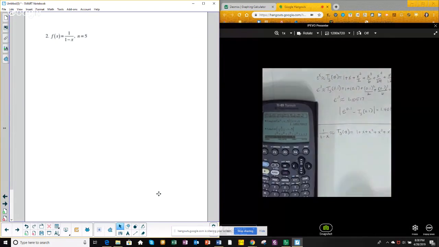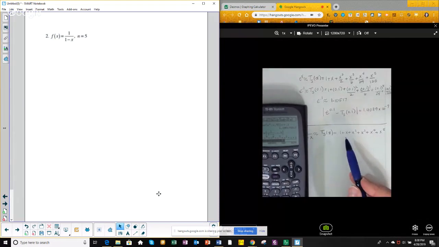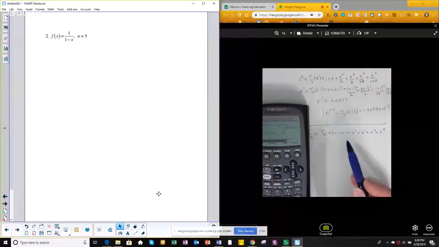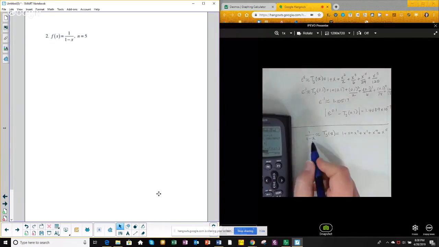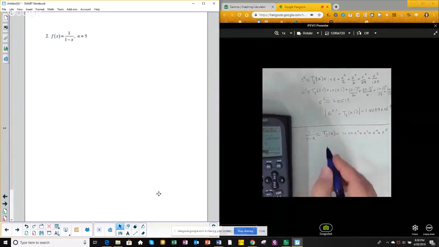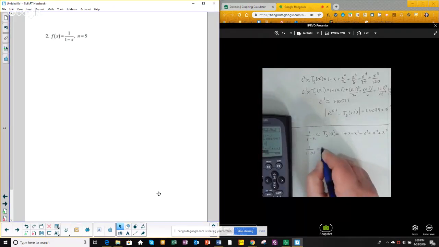This is the geometric series where the r is x. Okay, and I want to use this Taylor polynomial here to approximate the value of my function here at 0.1. So I want 1 over 1 minus 0.1 to be approximated by the Taylor polynomial, 5th degree.